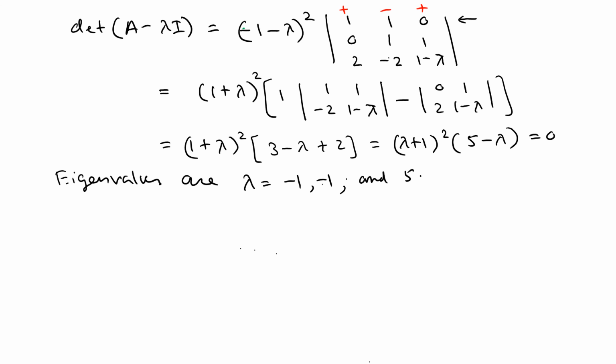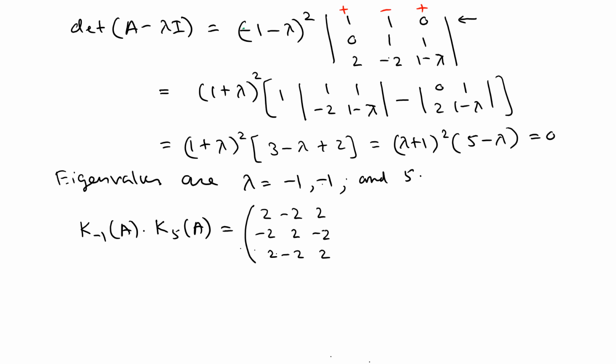So let's go with (A minus -1I) times (A minus 5I). So that means for the first one you want to add 1 to the diagonal entry. So you get 2, -2, 2, and then -2, 2, -2, and then 2, -2, 2.